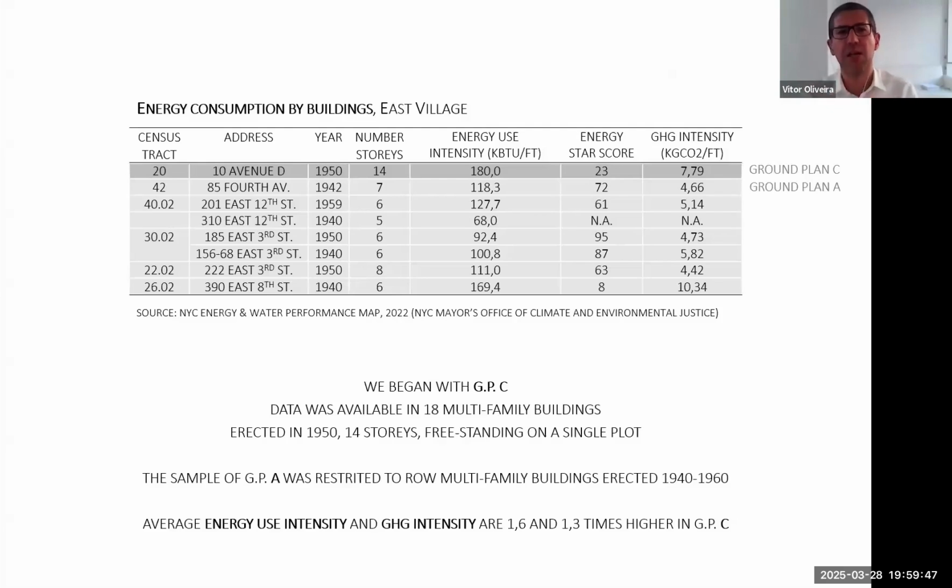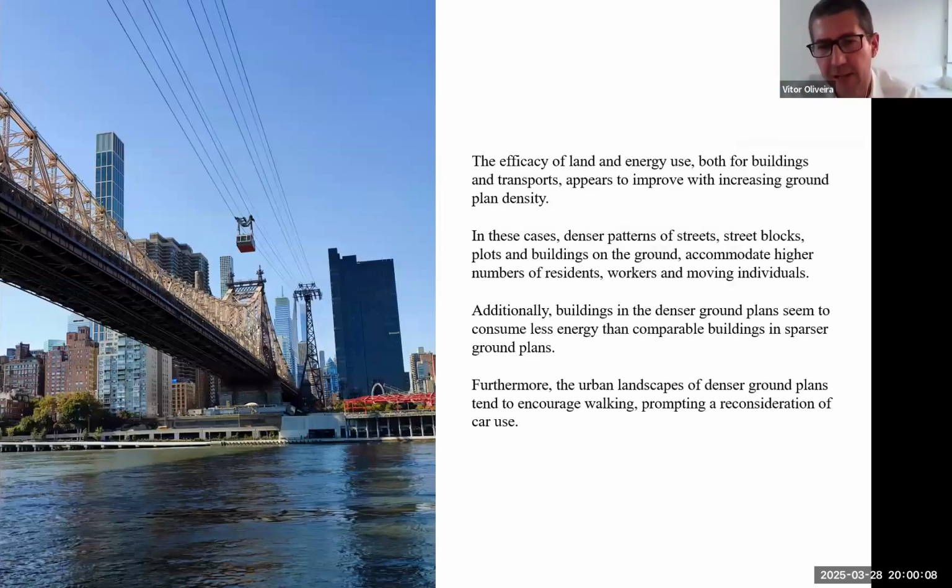But even so, looking at East Village and also the others, but these numbers are from East Village, the average energy use intensity and the greenhouse gas intensity are 1.6 and 1.3 times higher in ground plan A. So we can say that the efficacy of land and the energy use for buildings and for transport appears to improve with increasing ground plan density.